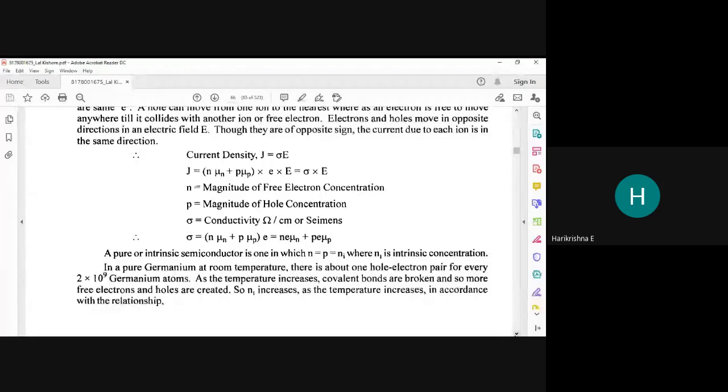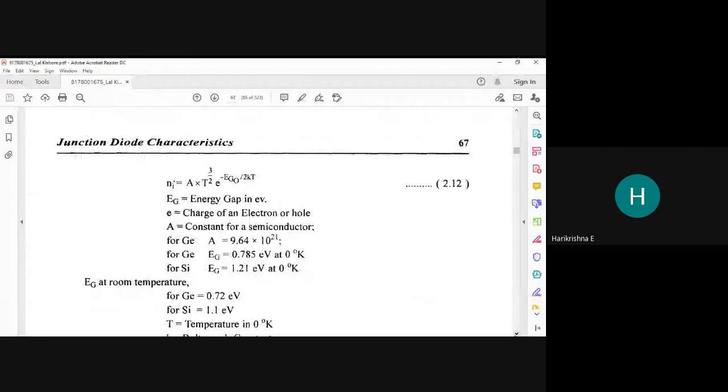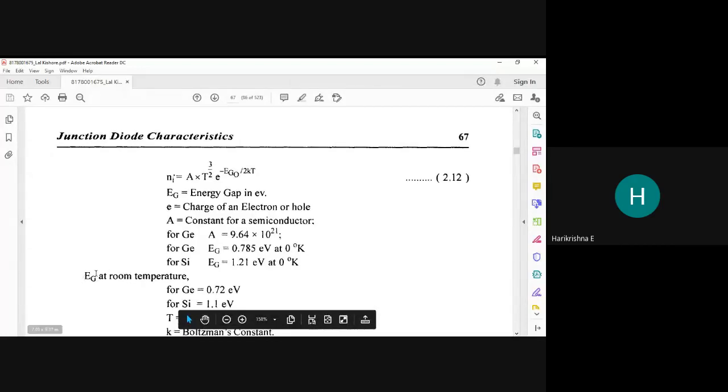This is a formula for Ni. Not so much really required for us. Just to see the thing, Ni is this equation. Always see that capital T is the temperature in absolute degrees Kelvin. See here, Eg is the parameter we discussed in the previous class, the energy gap.